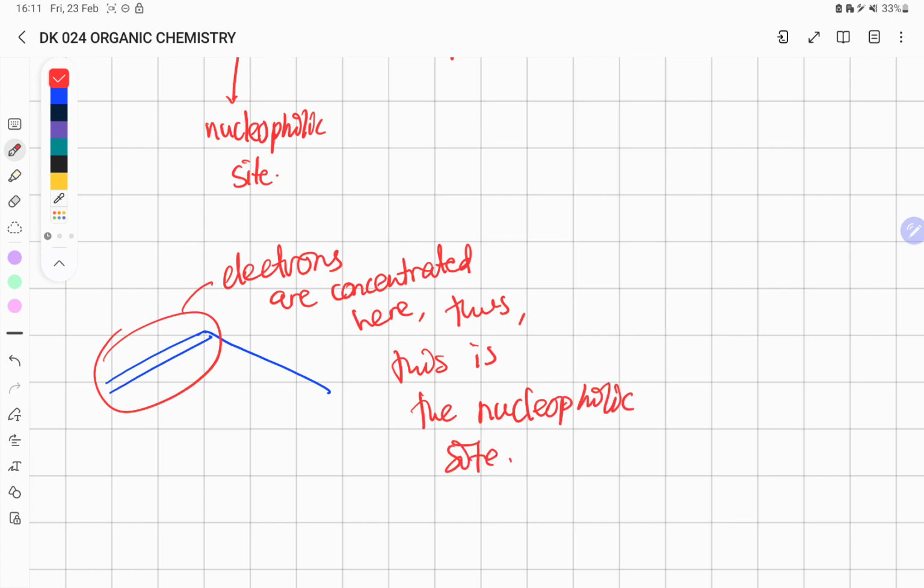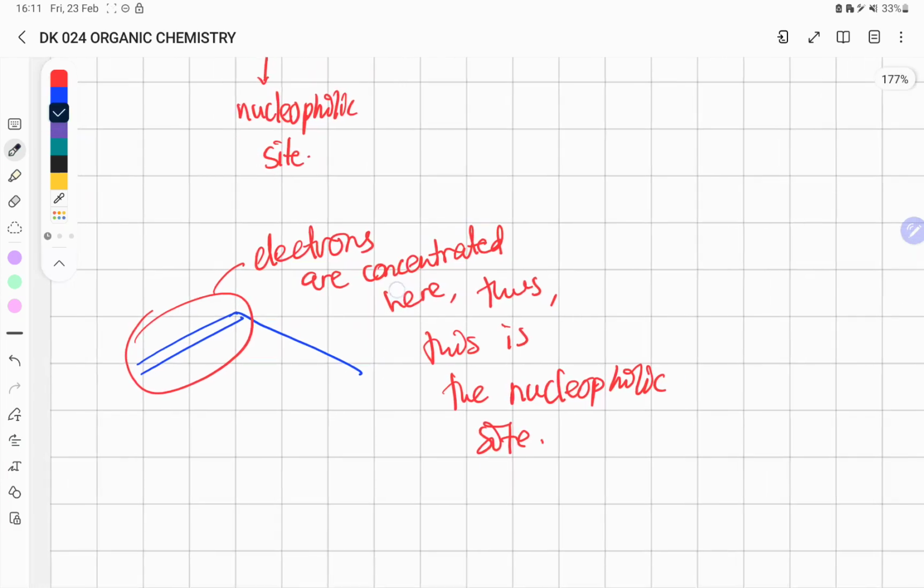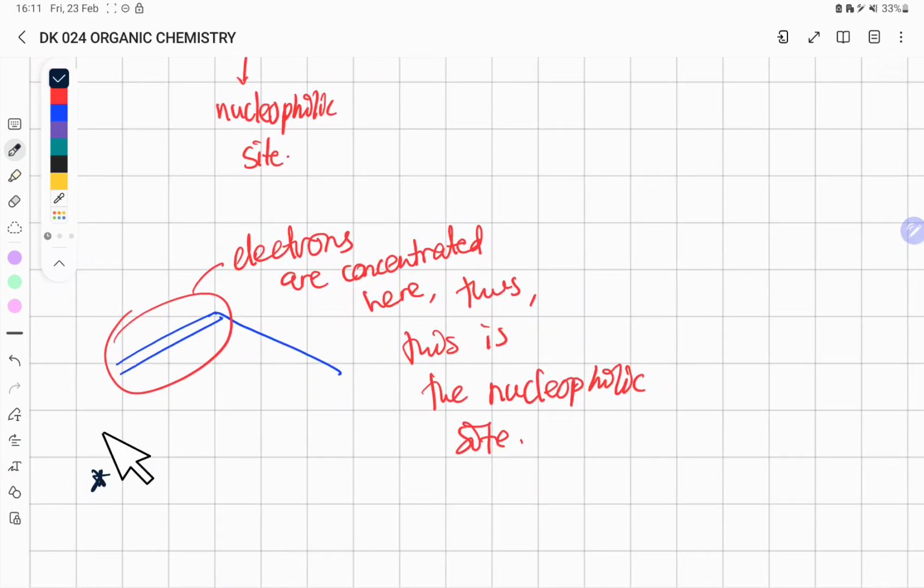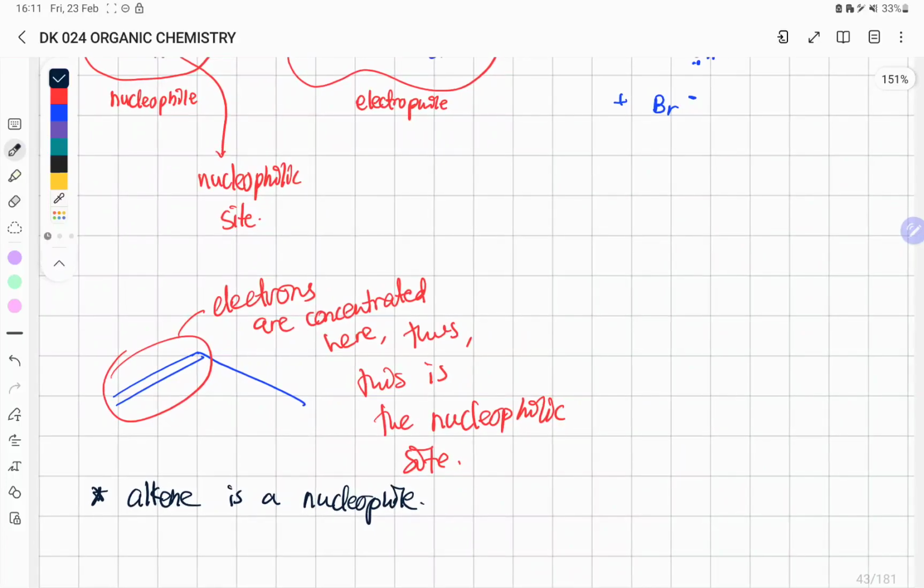Okay, sebab dekat carbon-carbon double bond ni kaya dengan elektron, jadi ini adalah nucleophilic site. Okay, this would be the nucleophilic site here. And this whole thing is what we call as nucleophile. Jadi a conclusion here that we can draw is that alkene is a nucleophile. Okay, alkene is a nucleophile.